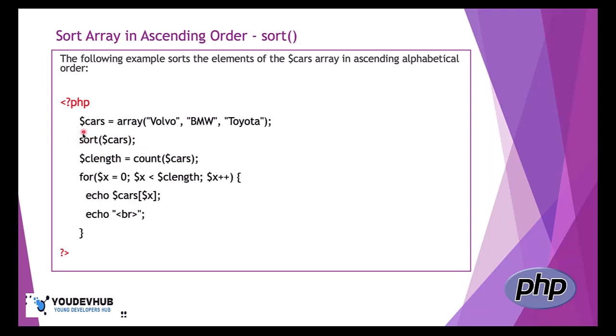So what do we have? This sort is going to sort it in ascending order, which means it's going to start from BMW to Volvo to Toyota. Now we can also try this out in our text editor and echo it out in our browser and see what it gives us. If it doesn't work out, you reach out to us.